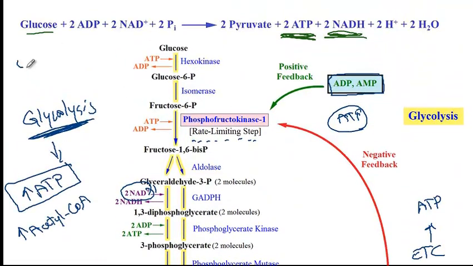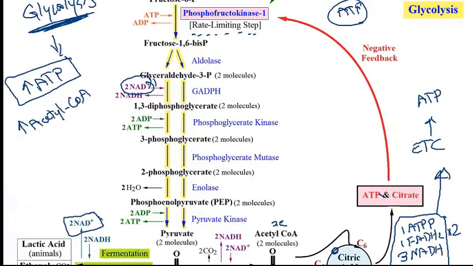So there we go. Glycogen breakdown gave us glucose 1-phosphate, which has been now converted to glucose 6-phosphate and can now resume the glycolysis.